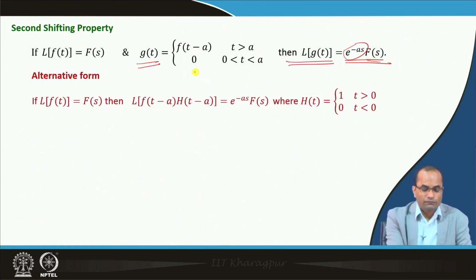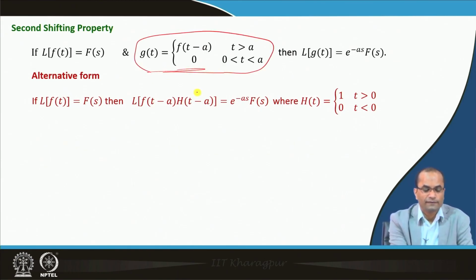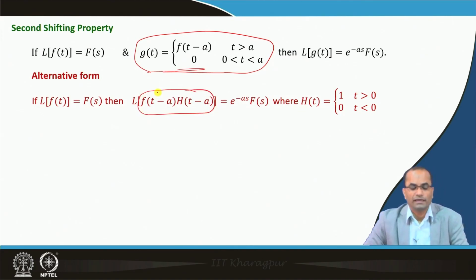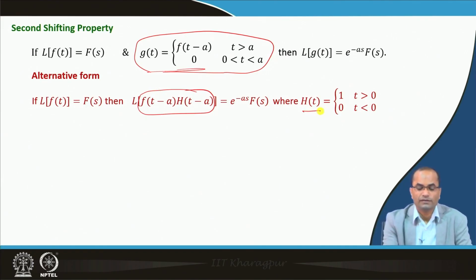The alternate form, which is also convenient, is to write this g(t) in a compact form as f(t minus a) times the Heaviside function H(t minus a). Recall the Heaviside function: when t is greater than 0 it is 1, and t less than 0 it is 0.